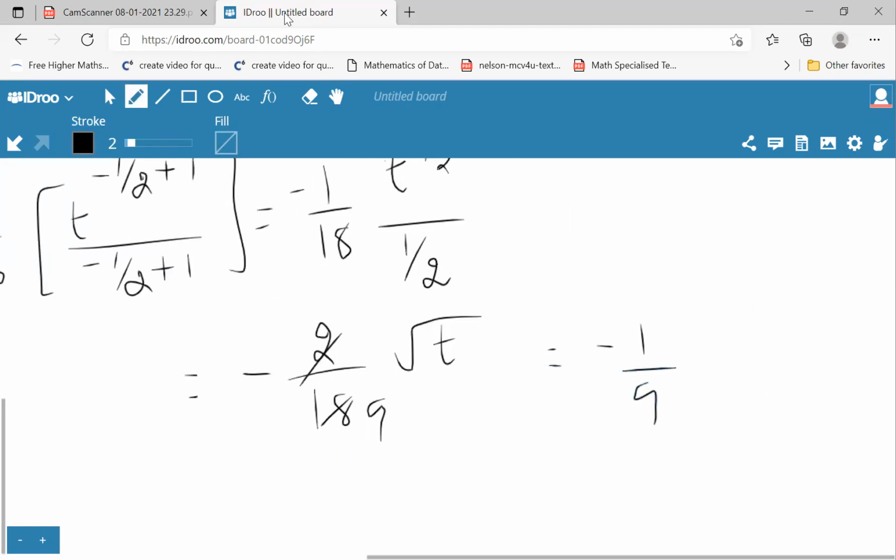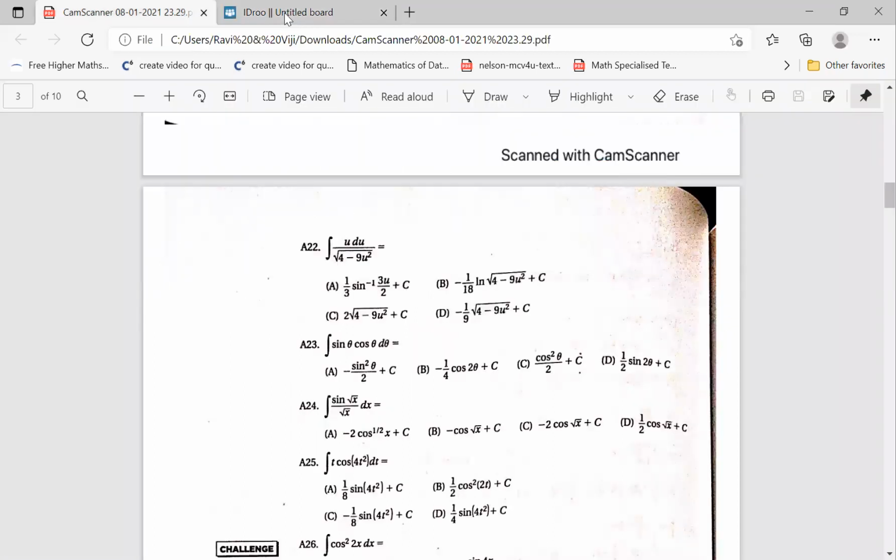We took t as 4 minus 9u squared. So which option is right? You can see 1 by 9 root of 4 minus 9u squared. D is the correct option.